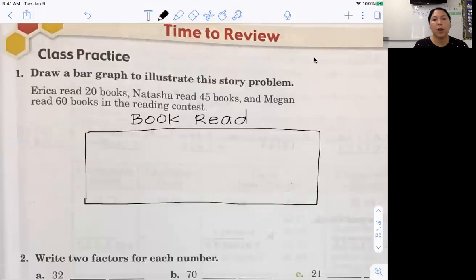And I'm going to help you guys with the scale going down. Okay, so look at our numbers. We've got 20, 45, and 60. So 60 is the highest we need to go. We could go to 70 if we want. I'm going to count by tens, okay?